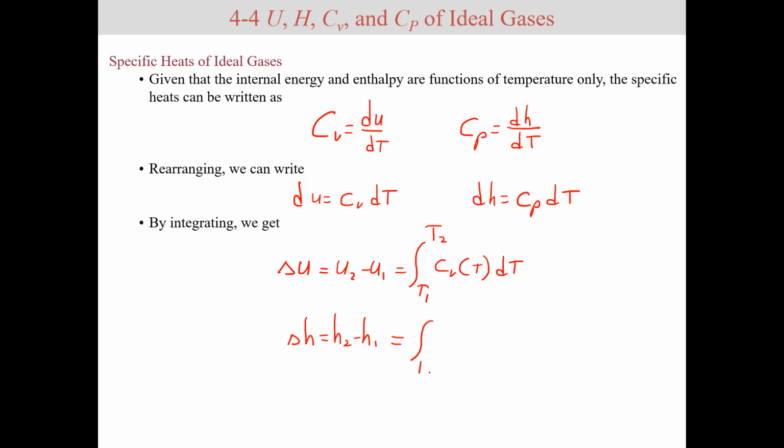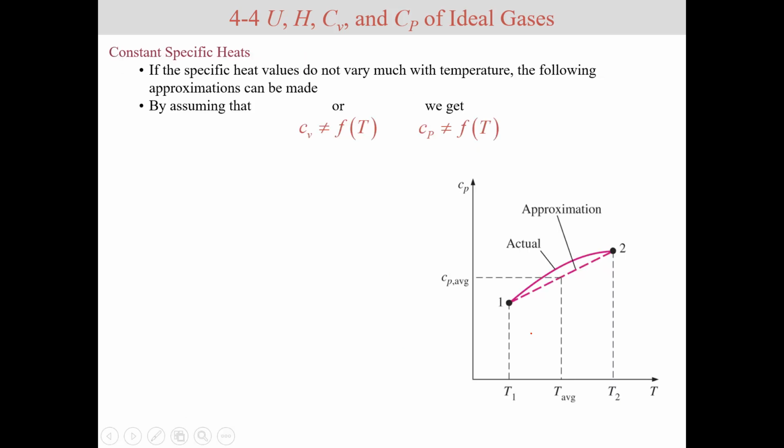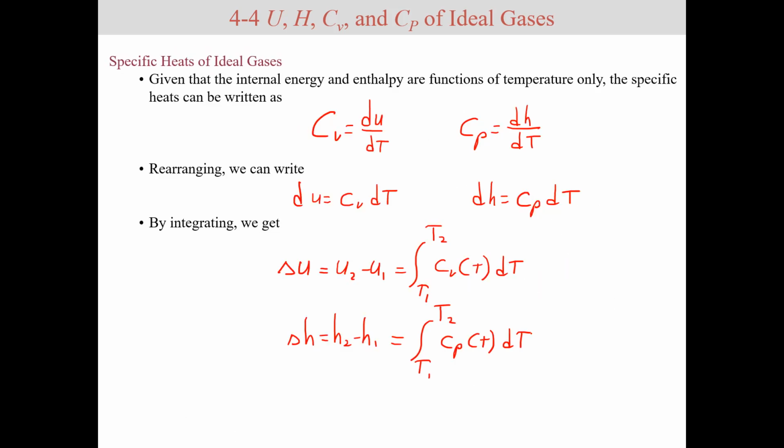What happens is I'm integrating that over a certain temperature range for Cp. So basically, my change in internal energy is going to be equal to the integration of the specific heat as a function of temperature over the temperature range. My change in enthalpy will be equal to the integral of the specific heat at constant pressure over its temperature range.